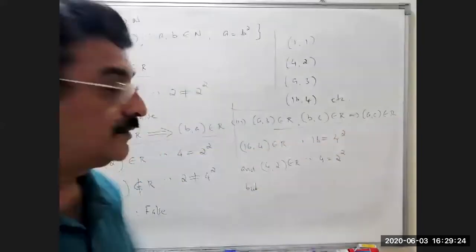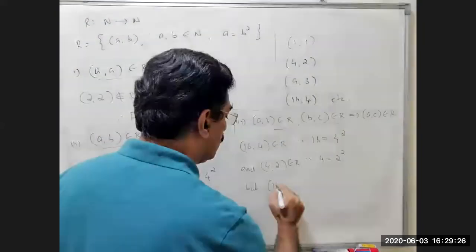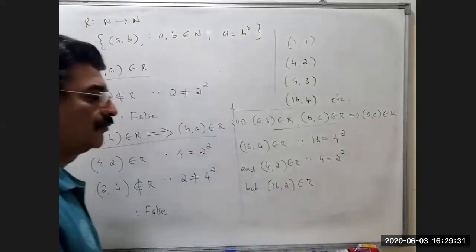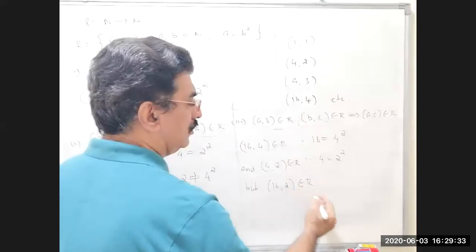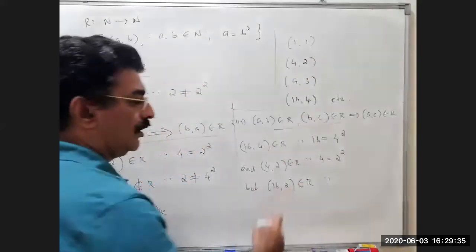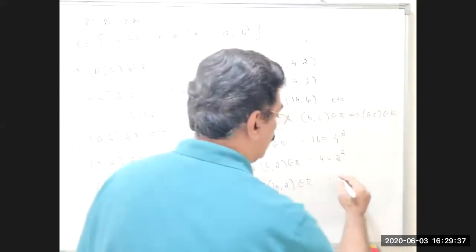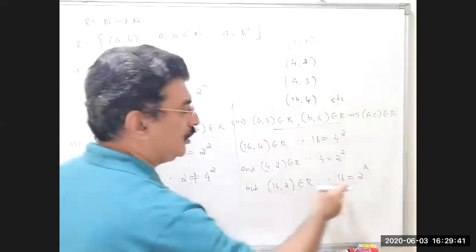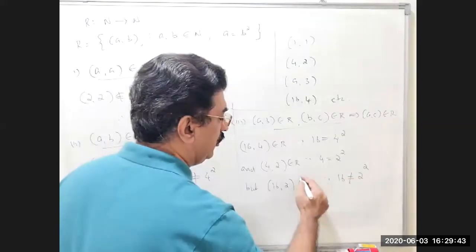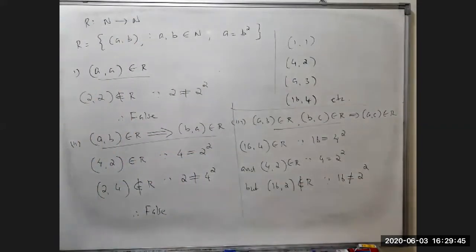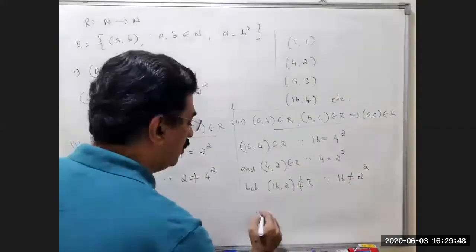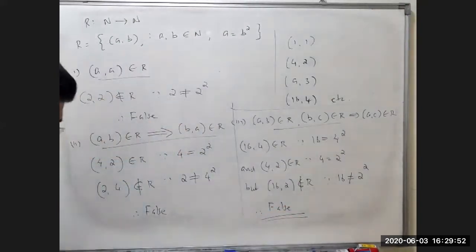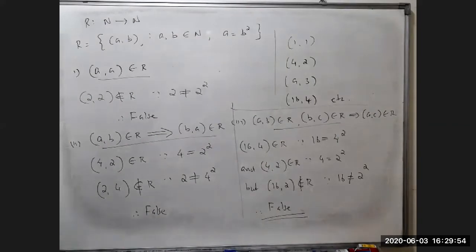Now AC means (16, 2). Does it belong to R? To check, check whether the first number is the square of the second. 16 is equal to 2 squared is wrong. So this is not in R. Therefore, the third one is also false. (16, 2) does not belong to R.